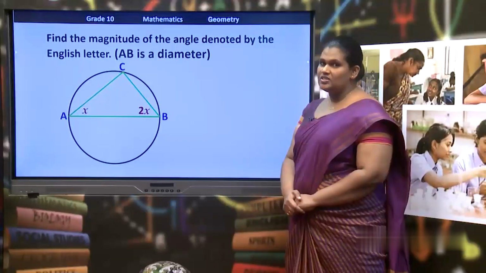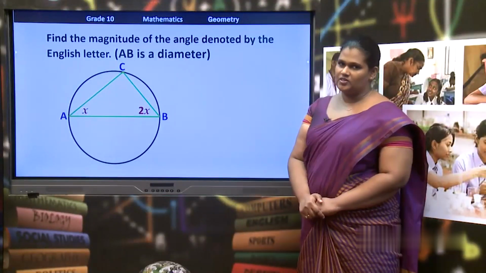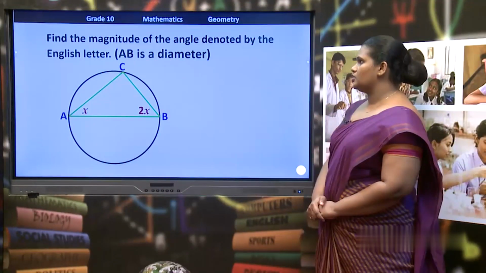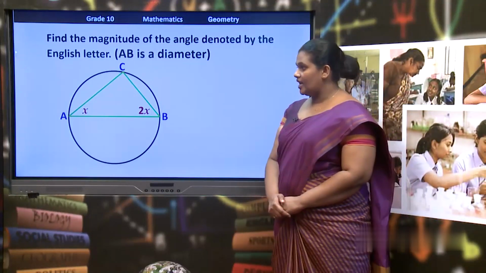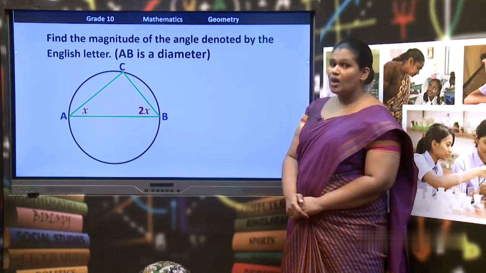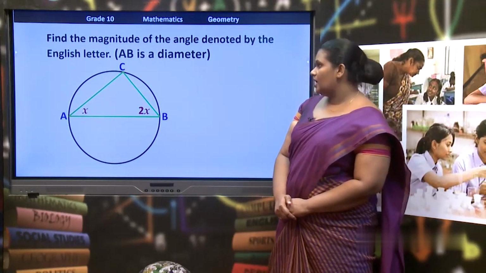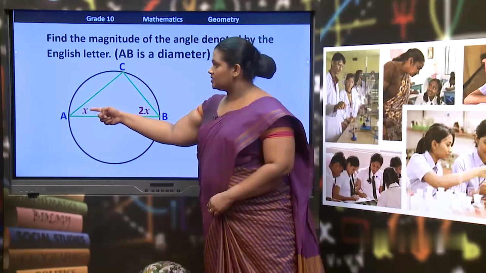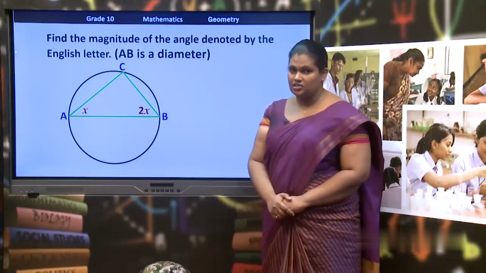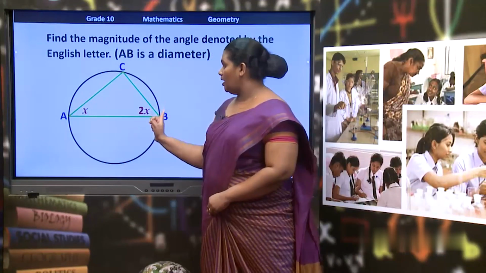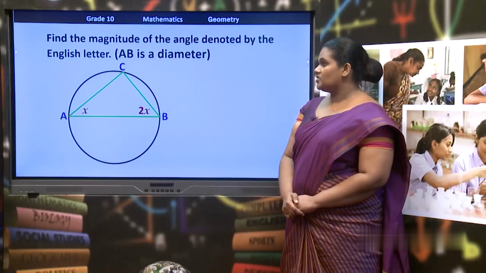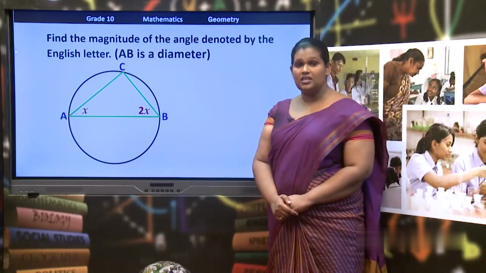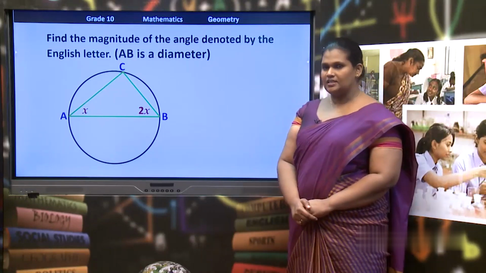Right. Now, this is my second question. Find the magnitude of the angle denoted by the English letter. This time, we have got 2 angles in English letters. Angle CAB is x degrees. Angle ABC is 2x degrees. Once again, AB is a diameter of this circle.